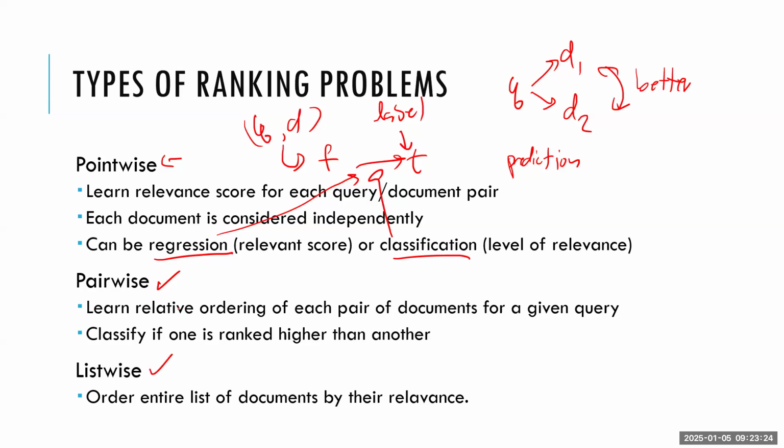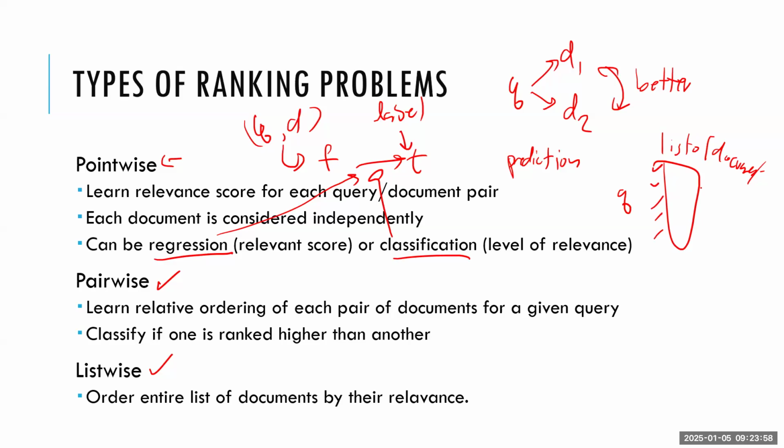The more general one is the listwise. The listwise actually cares about the entire list. So for one query, your algorithm has to return a list of documents, and based on the ranking of the documents, you will give some score.